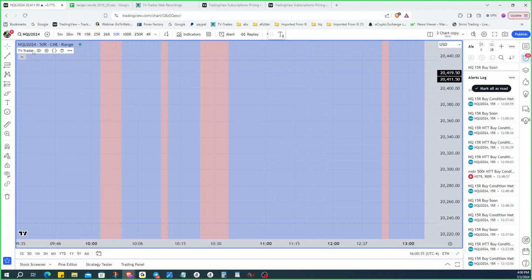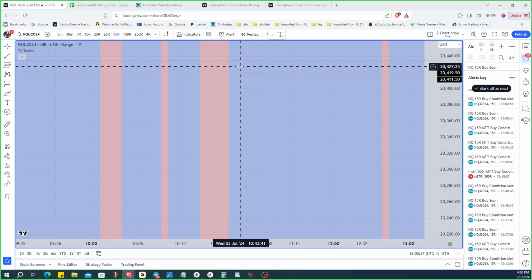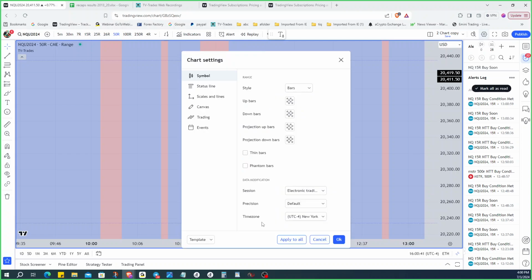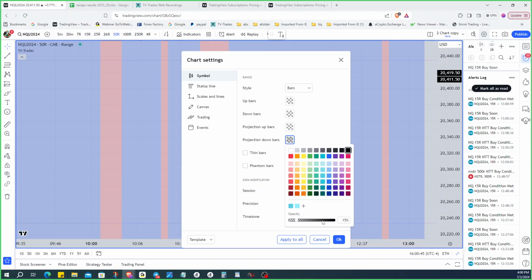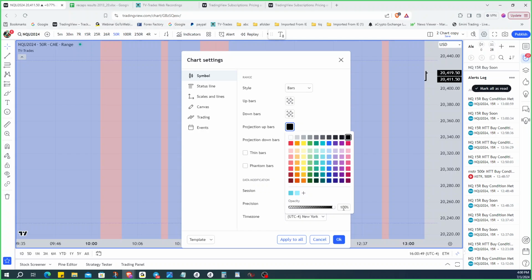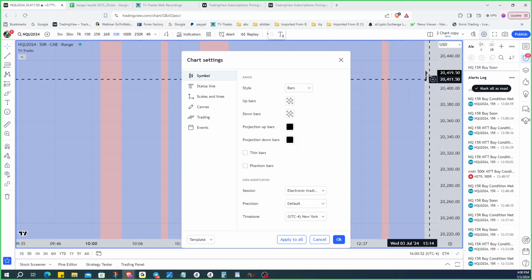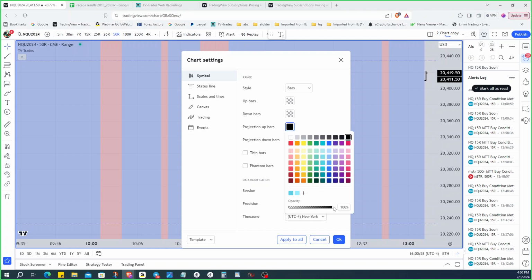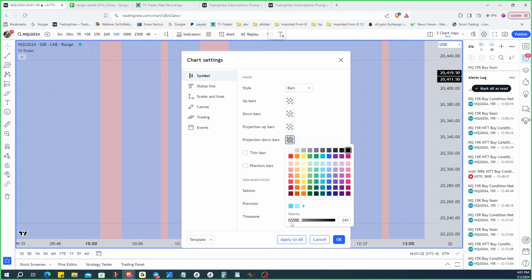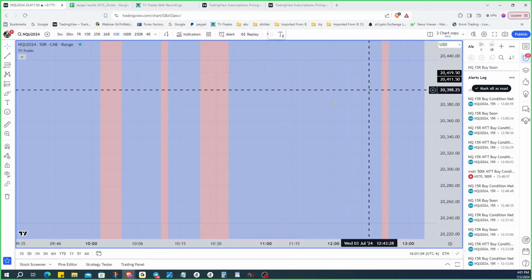Again, I'll do that slower: right click on the chart and go to settings, and if you don't make it so that it's like that, you're going to get the current bar as it's building right there. You see that black bar? You're not looking at the larger time frame for any kind of direction. You're looking at the larger time frame just to know what the overall direction is.